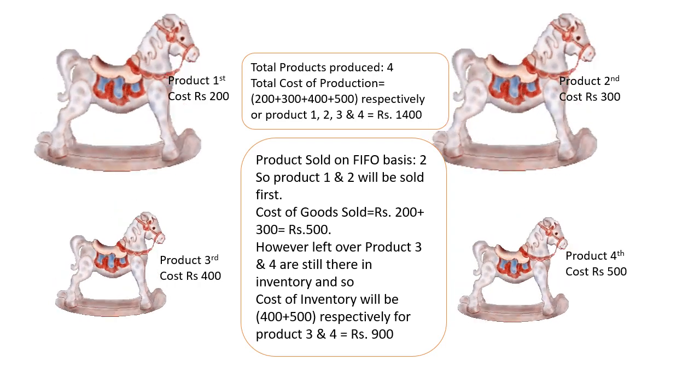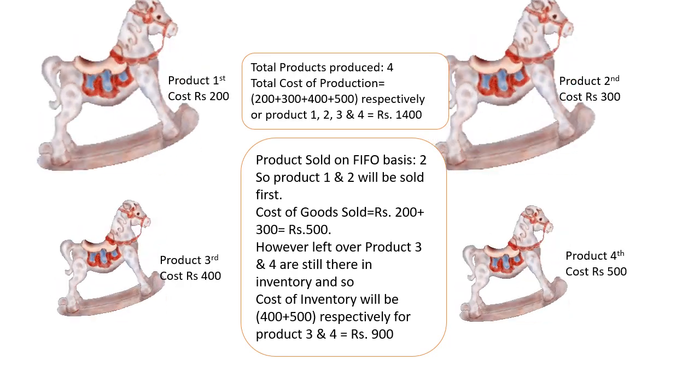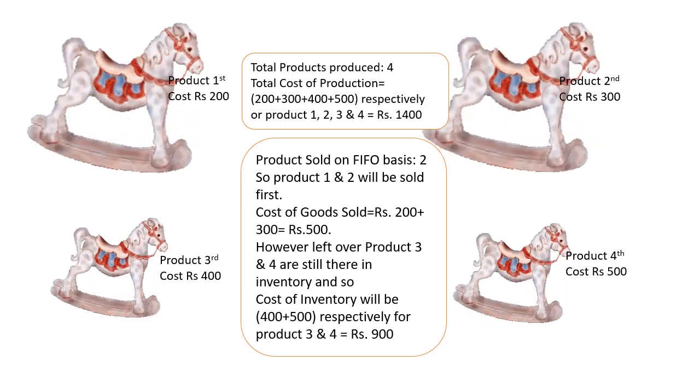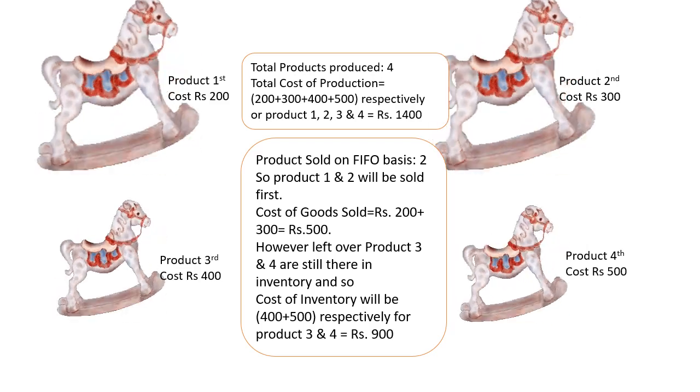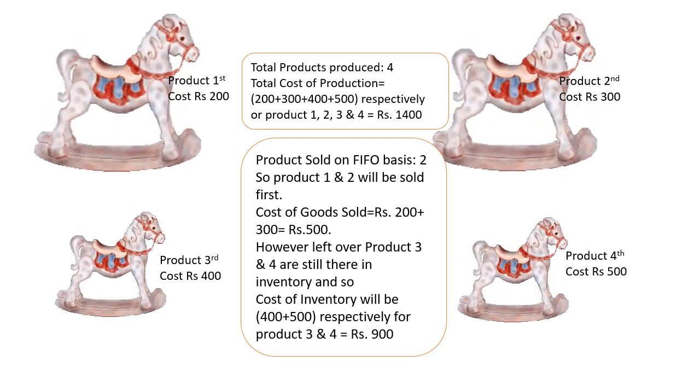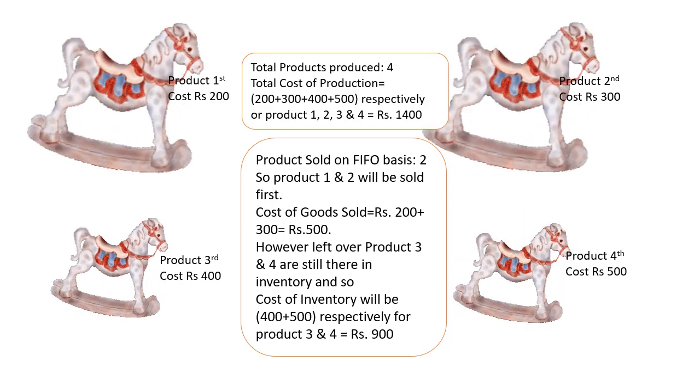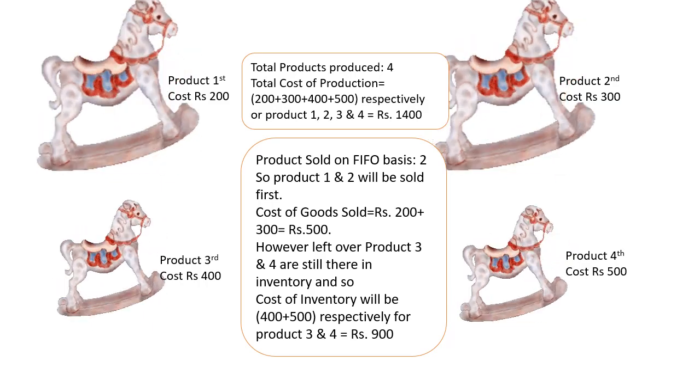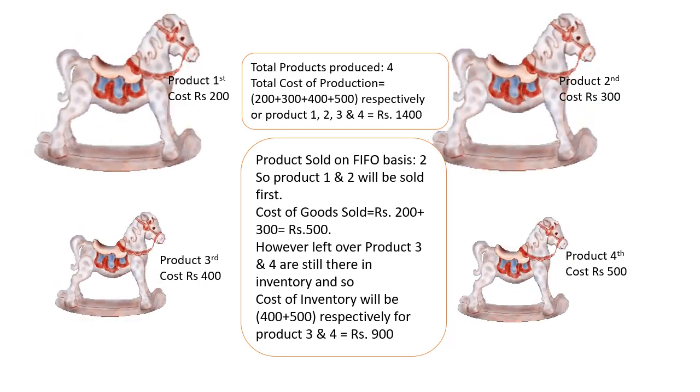The cost of goods sold, that is products 1 and 2 taken together, rupees 200 and 300, will be rupees 500. Whereas products 3 and 4 are still in the inventory. And so the cost of inventory here will be rupees 400 plus rupees 500 respectively for products 3 and 4. That goes to rupees 900.